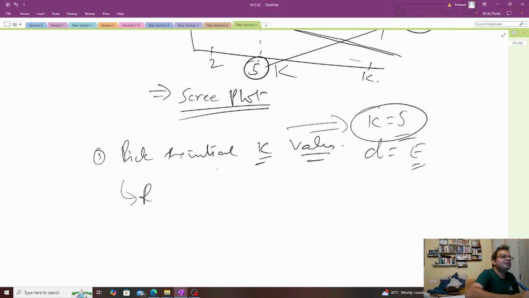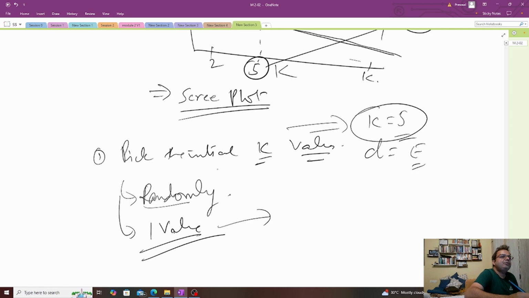So yes, you pick randomly, that's one strategy. And the other strategy is that after you pick the first value, which is again random, you find the other value which is far from the first value, and then you find another one which is probably equidistant from these.